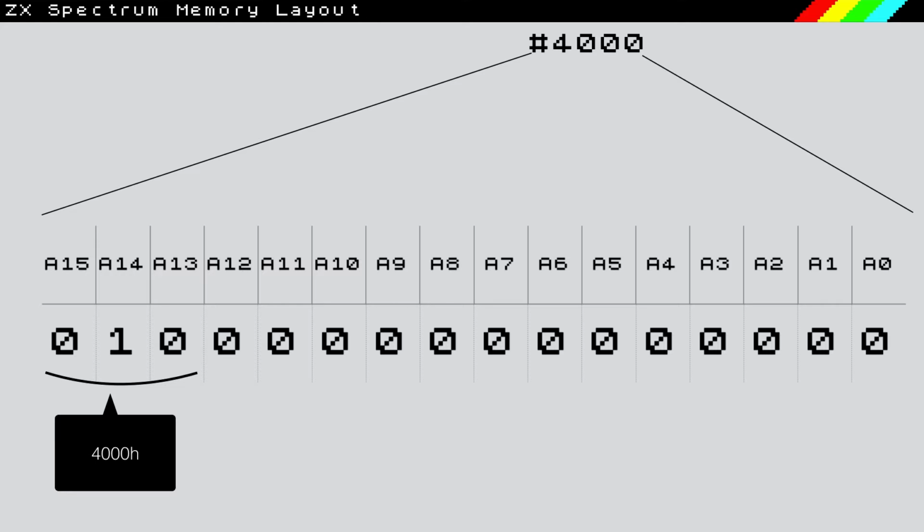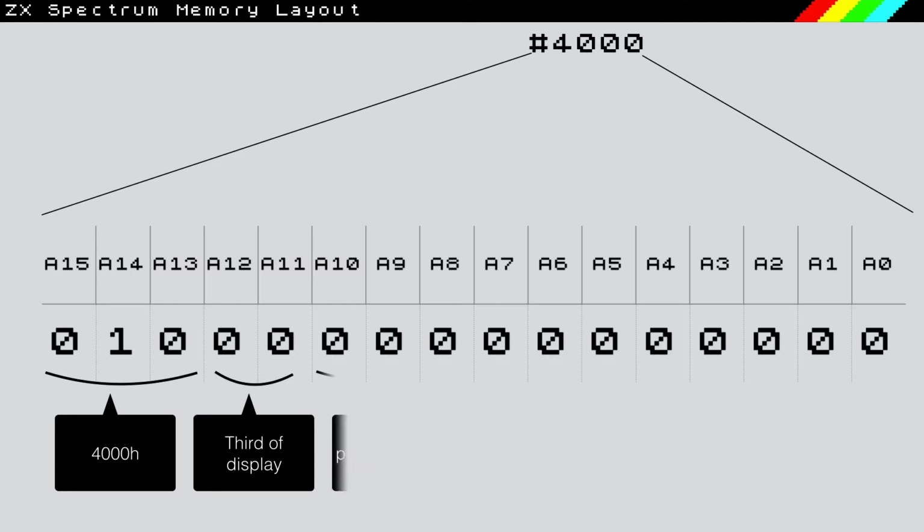But the simple things stop right there. The next 2 bits are the number of the third of the screen. The ZX Spectrum display is split in 3 equal parts vertically, so those 2 bits define the third you are going to use. The next 3 are the pixel Y position within the character.